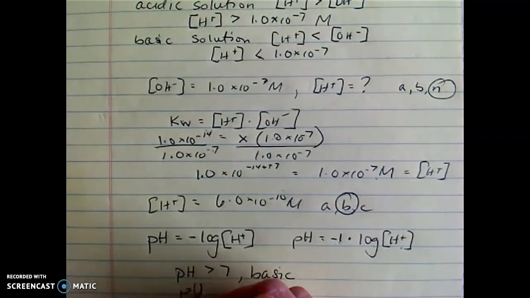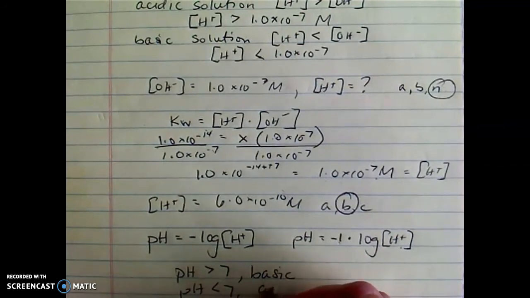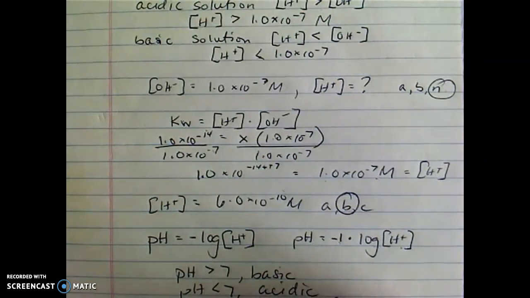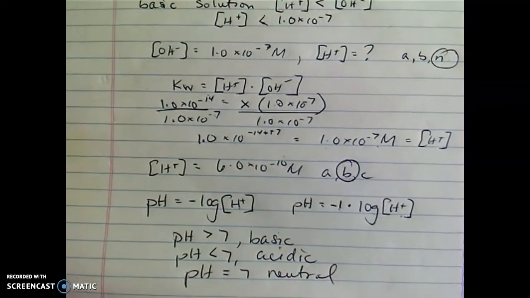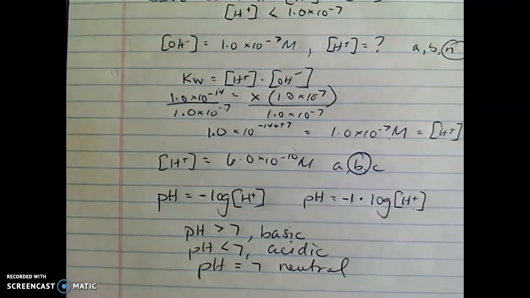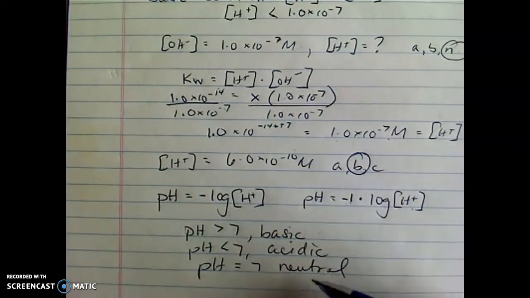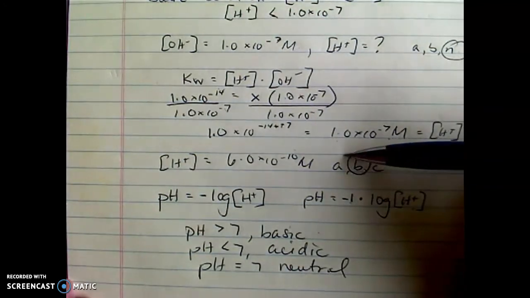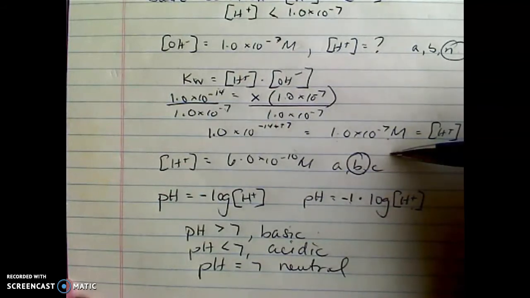A pH less than 7 is acidic, and a pH that is equal to 7 is neutral. This is important because if you're using this equation, it's to tell if something's acidic, basic, or neutral. And this is where, when we have a number, it's actually easier sometimes to use the pH equation to figure this out.